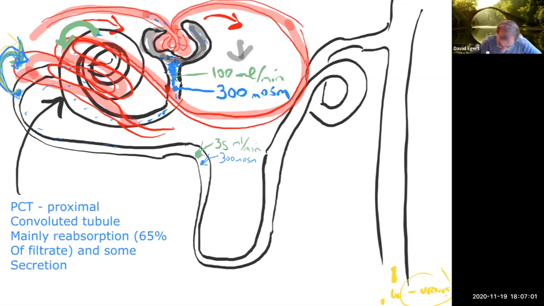The next part here is the loop of Henle. And there's a descending limb and there's an ascending limb.